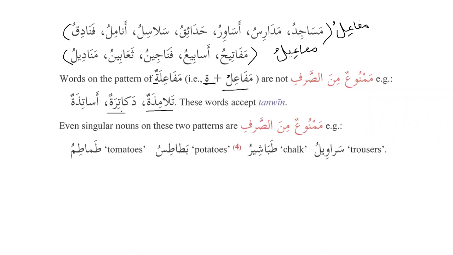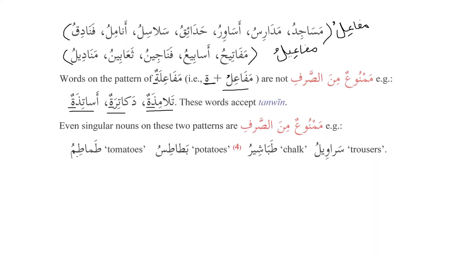We know the plural of tilmiz is talamidu, and for duktur it is dakatiru. And the plural of ustadun is asatidatun. Because they have ta marbuta, they can accept tanween. So now we can say that they are not mamnu min as-sarf.